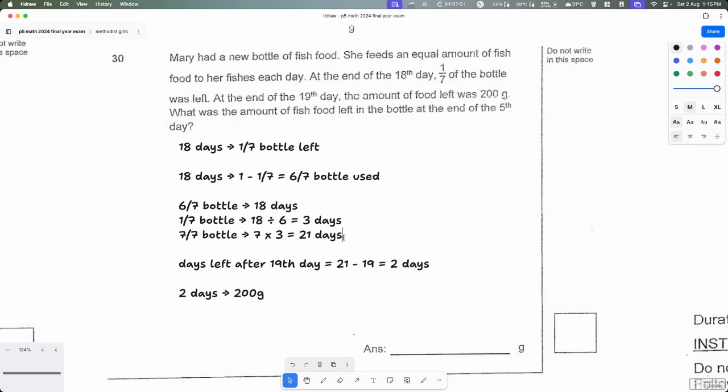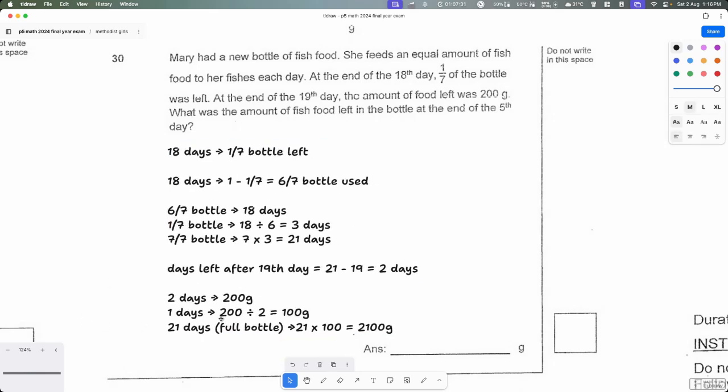So what's the total amount that we have? 1 day is equal to 200 divided by 2, which is 100 grams. So 21 days, the full bottle, is 21 times 100, which is 2100 grams.